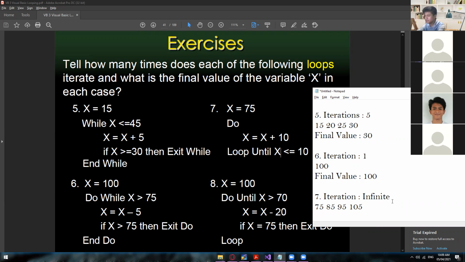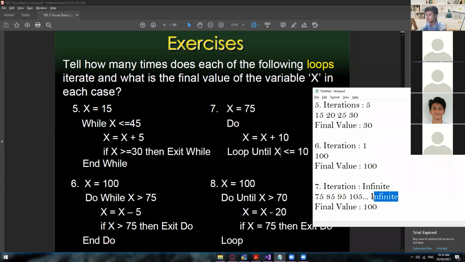We also have some answers like this wherein it will loop infinitely, or it will iterate infinitely, and the final value is also infinite, since this will never stop looping.